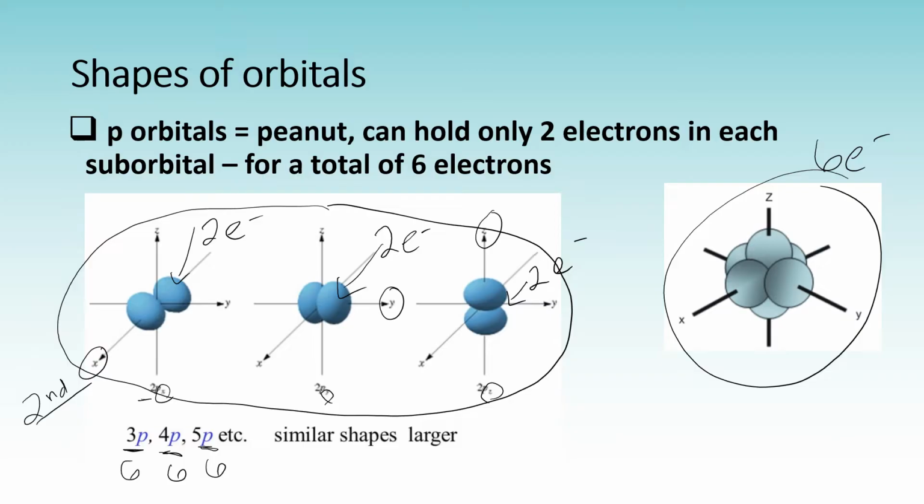Then for our next one, we start at the second energy level. So we have 2p, 3p, 4p, and it keeps going up to 7. So you might guess where our next one starts. This is our p orbital, and we can hold 6 electrons. So that adds a lot more electrons to our atoms, but still not enough. So we're going to keep going.